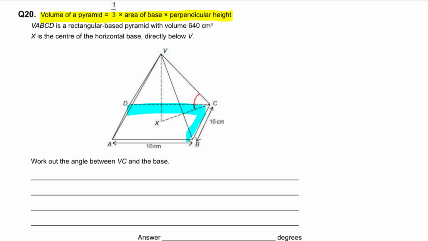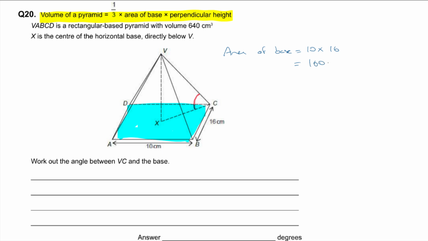We've got the area of this base. We can work it out. Okay, and we've got the volume. So from that, we should be able to work out the perpendicular height. Okay, so area of base, that's going to be 10 times 16, that's 160.